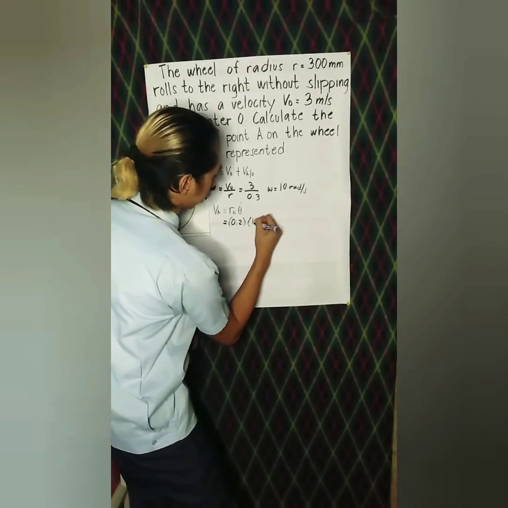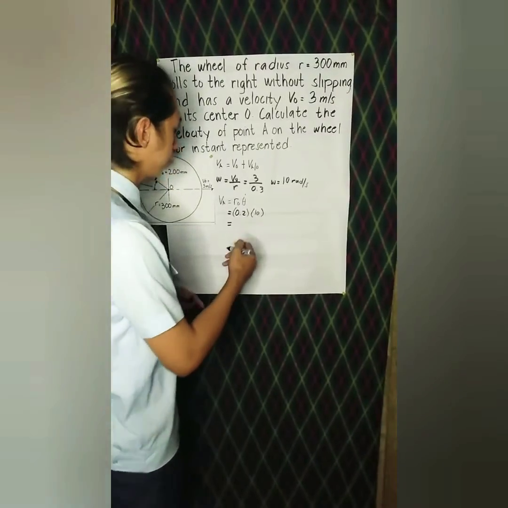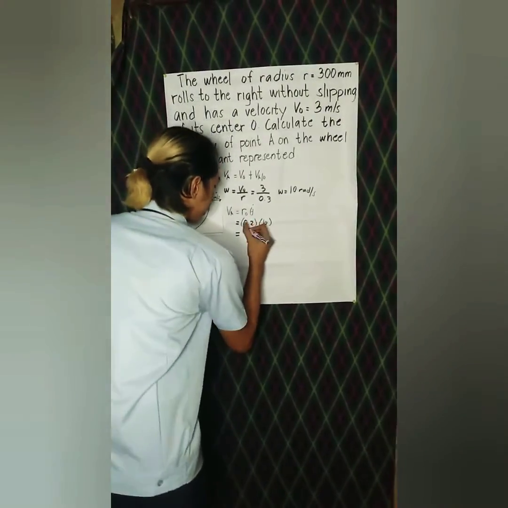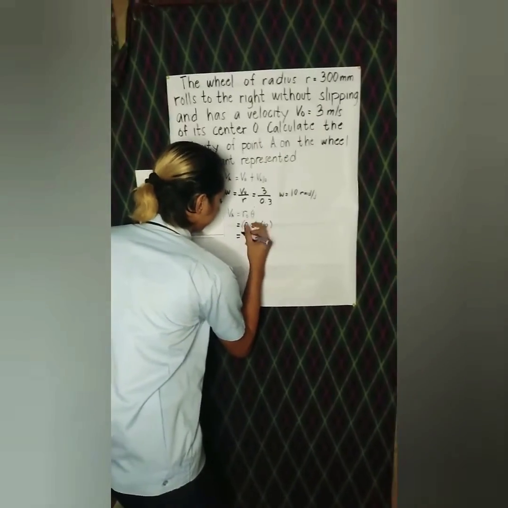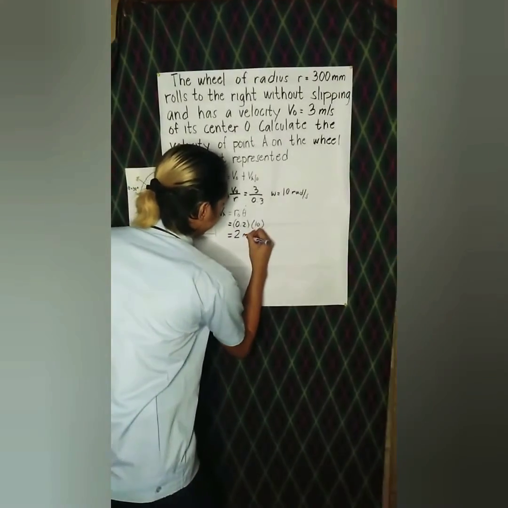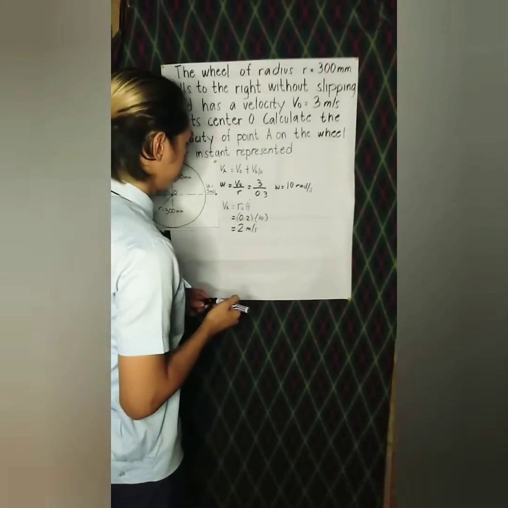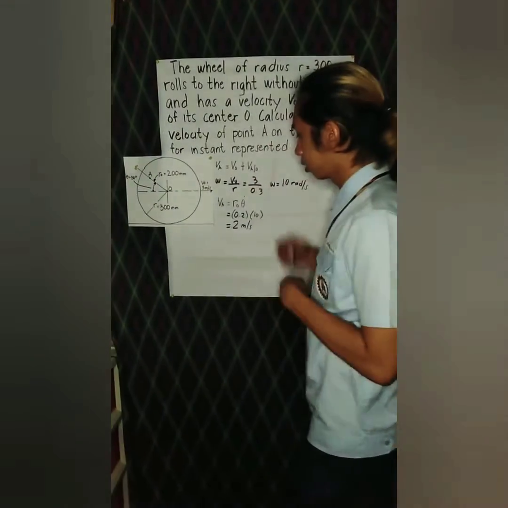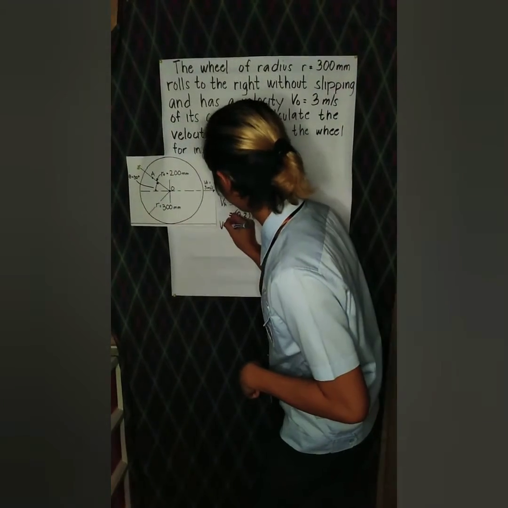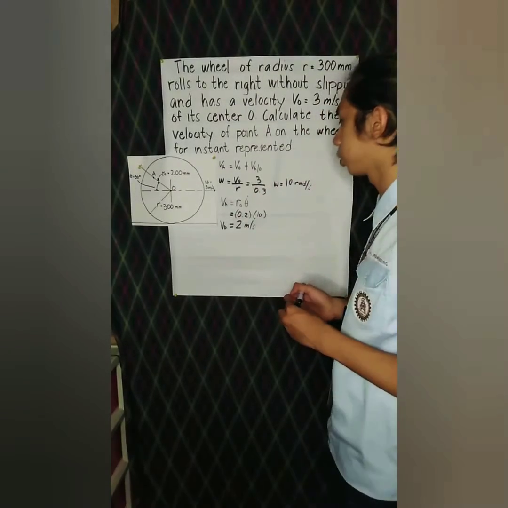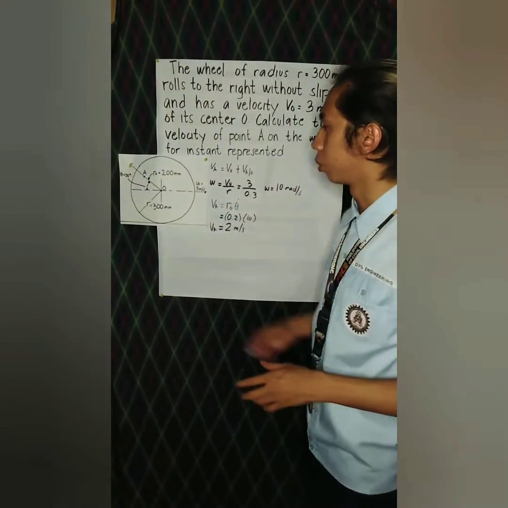Computing the values, it equals 2 meters per second. And this velocity is normal to AO.